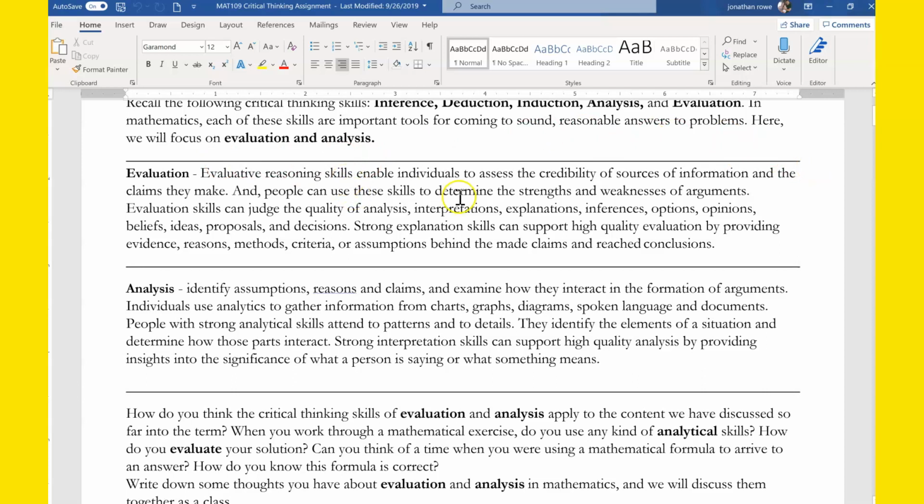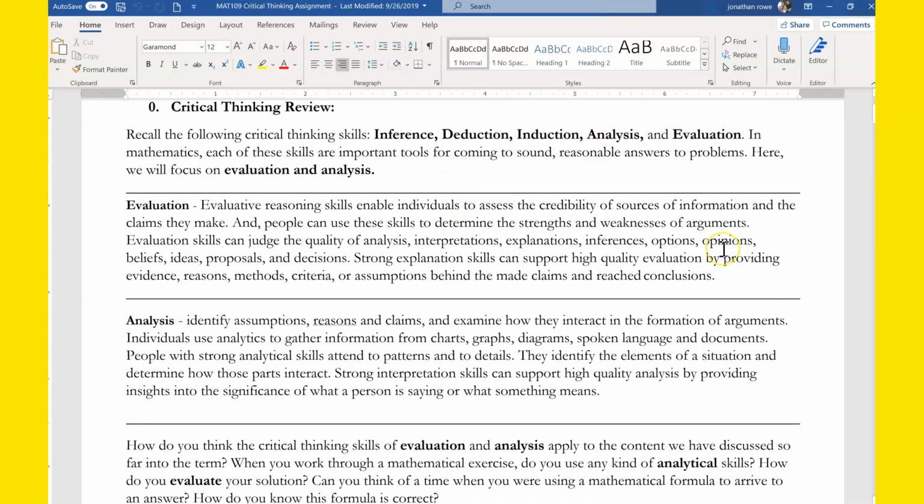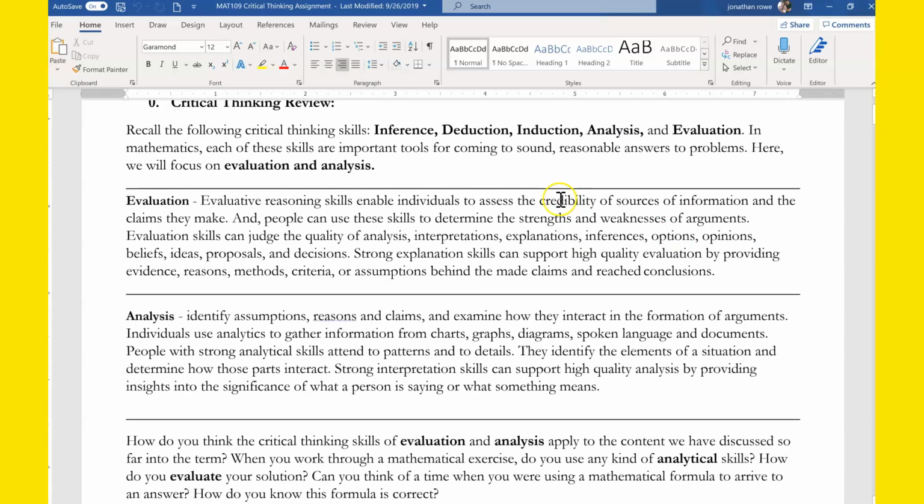This particular assignment only focuses on two, evaluation and analysis, and here's what they are. Well, I'll go ahead and tell you a couple of things about these others. An inference is when you go from one piece of information and you draw an inference from that to apply to something more broad.